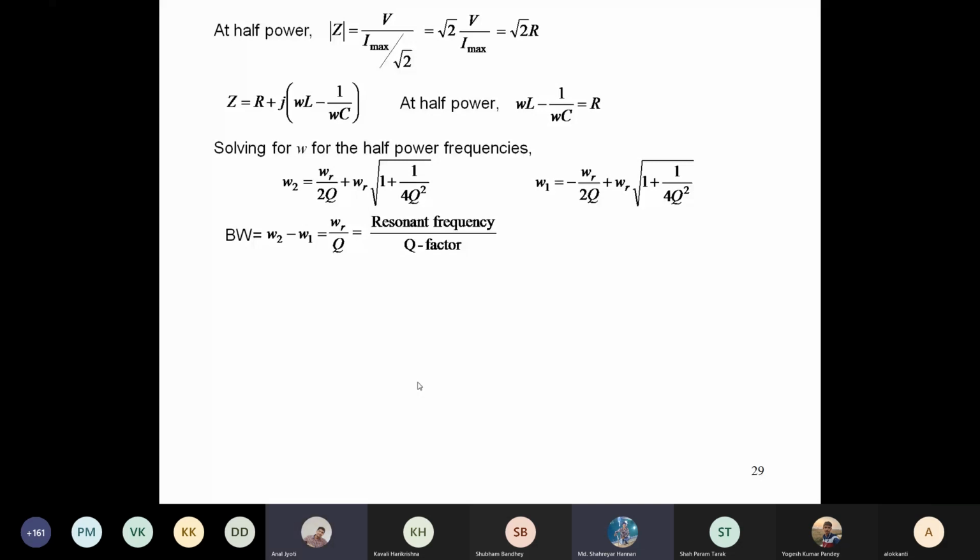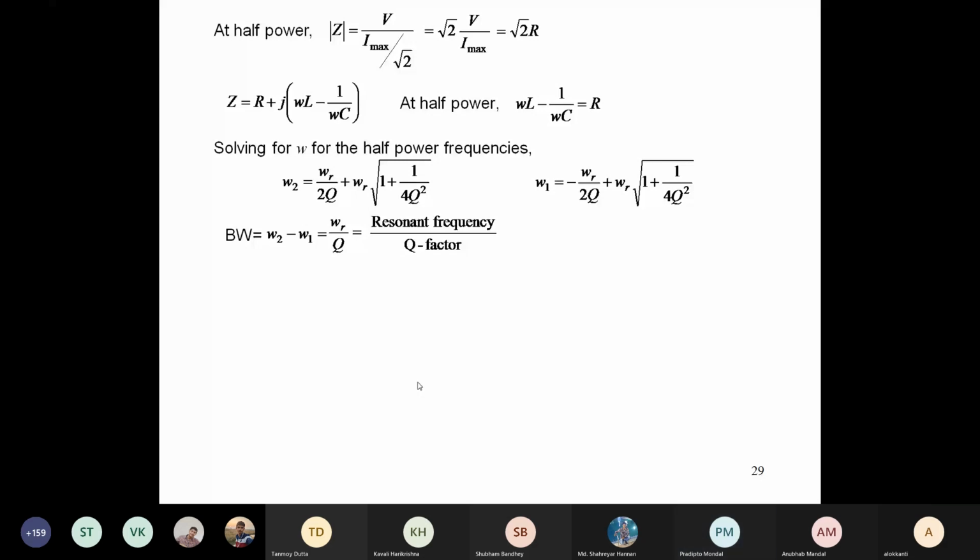Otherwise, omega 1 will be negative. The mistake is that |omega L minus 1 by omega C| should be equal to R. From there, we will get 4 solutions of omega, out of which 2 are not possible and 2 are these two solutions.